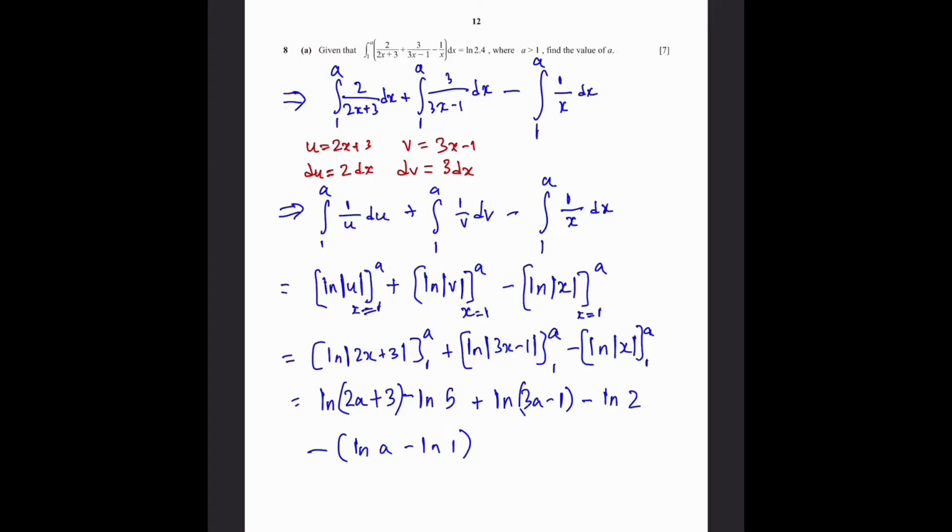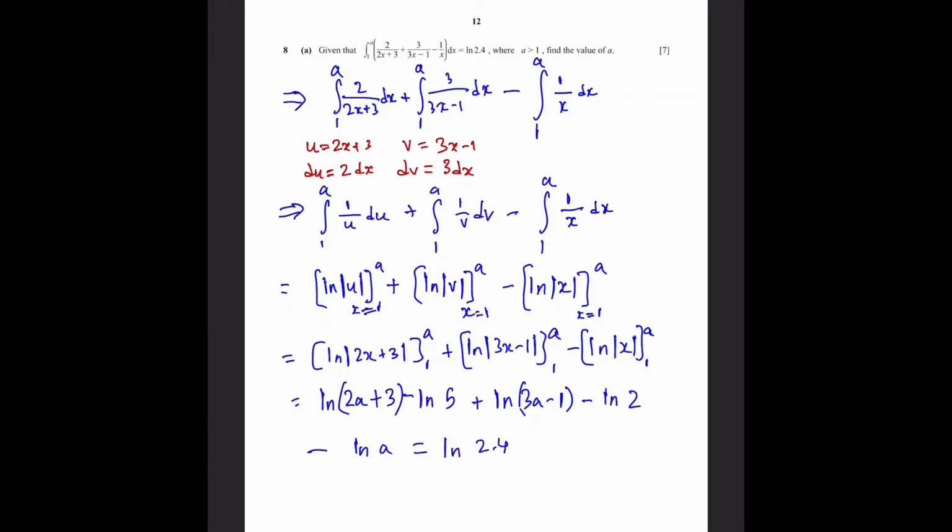So that is going to be minus ln a plus ln 1. And ln 1 is just 0, so we can cancel this out completely. And this whole thing is going to be equal to ln of 2.4.